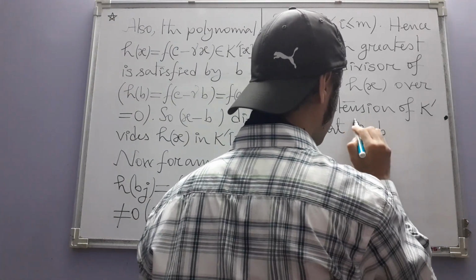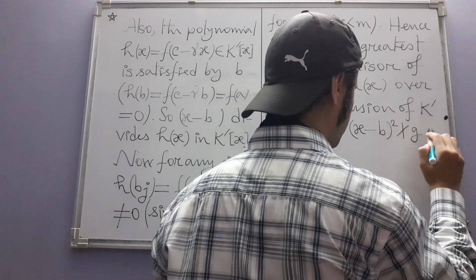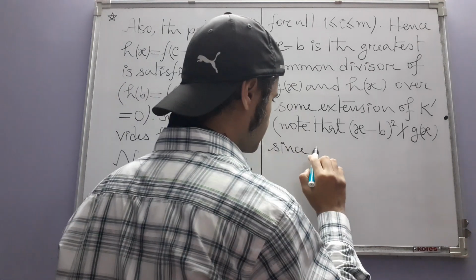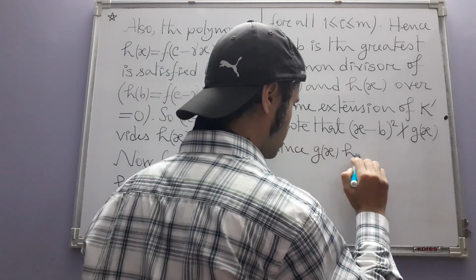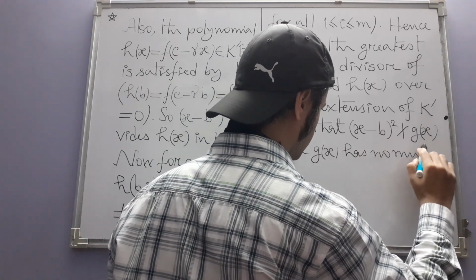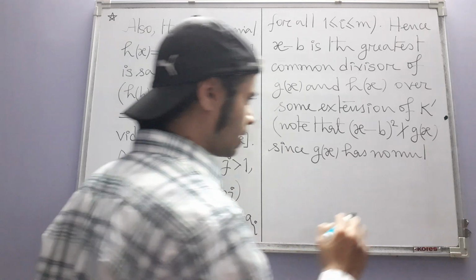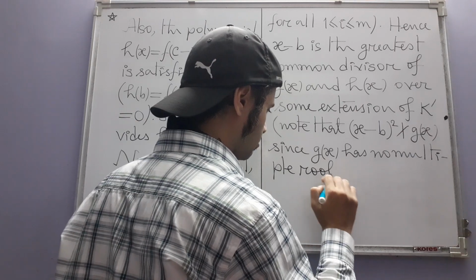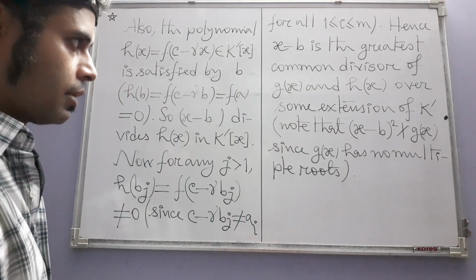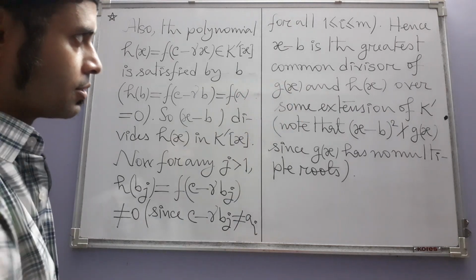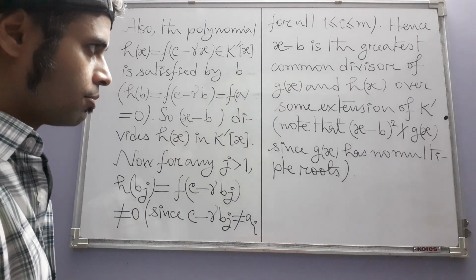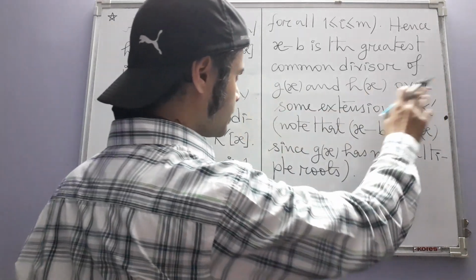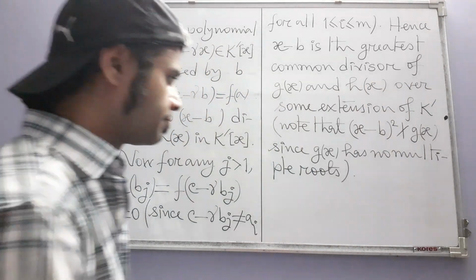In particular, the square of x minus b does not divide gx, since gx has no multiple root, or in other words, all the roots of gx are distinct. And then you can conclude that this is the GCD of gx and hx. Over why not k prime itself, that I am finding a little difficult to understand, but let's just assume that over some extension of k prime.